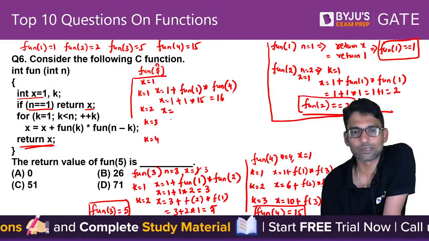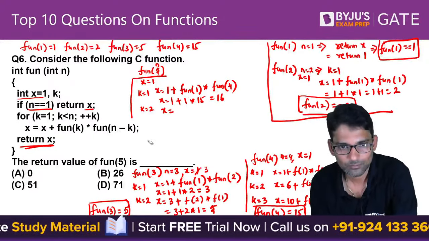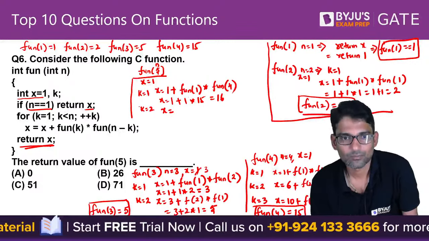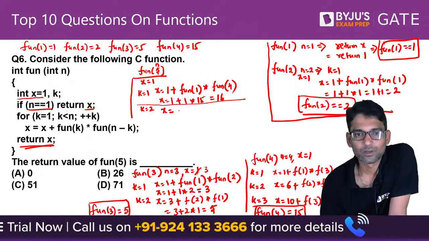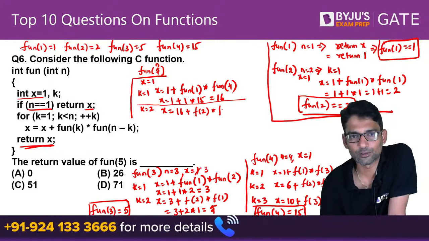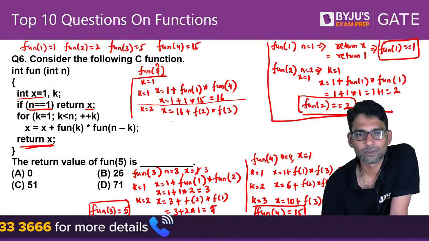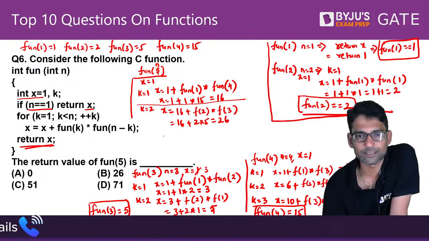So x is equal to x plus fun of k into fun of n minus k, that is 16 plus 2 into 5, 26.